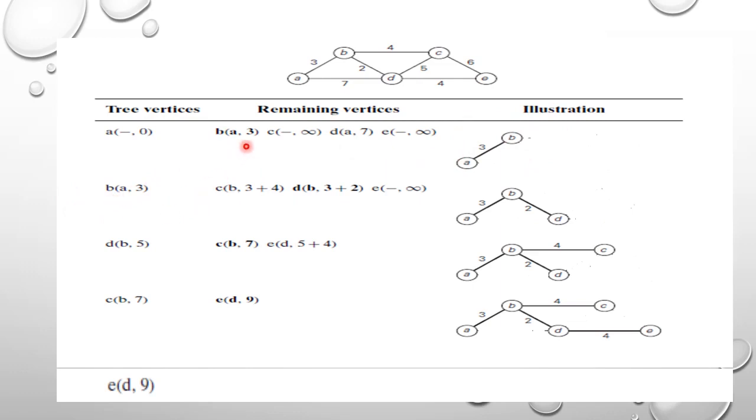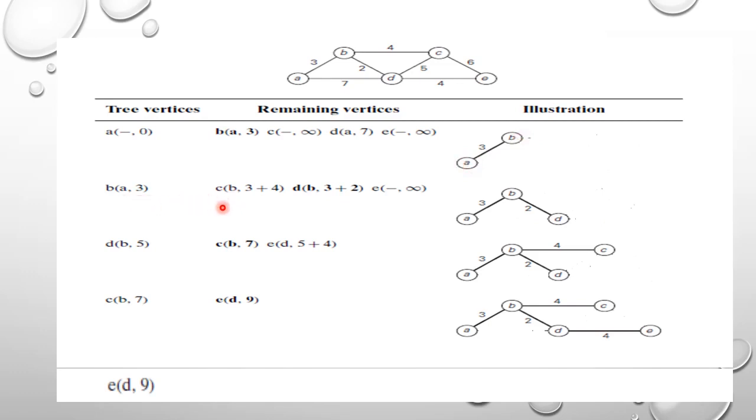So next, among this, B is minimum. So add the B vertex into the tree vertices and its predecessor. Before coming to B you have come from A, that is A to B is the shortest path. B's predecessor vertex is A and the distance is 3.